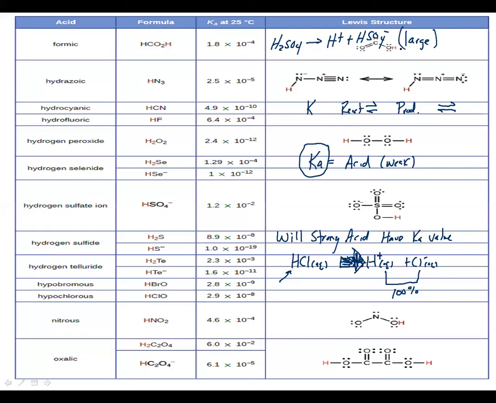But you will see the second step, which is over here on tables and stuff like that. So that's probably the only technically strong acid that you will see appear on the Ka table, but usually there's not a number associated with it. It's something that just says large.